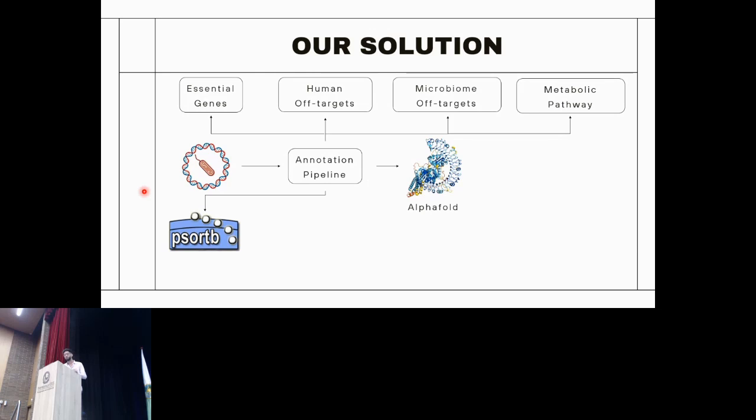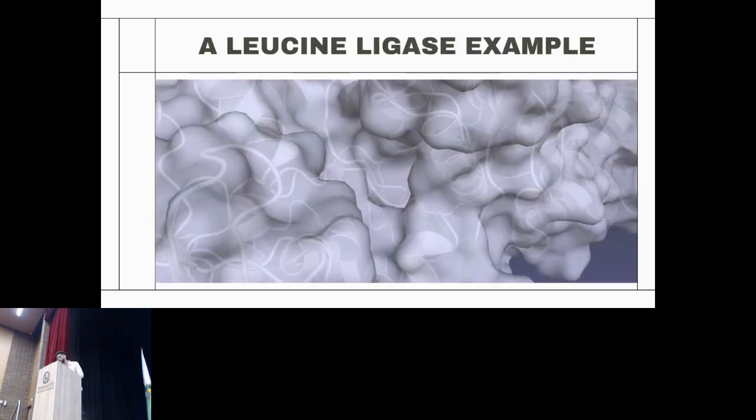So one of the things that we added is the use of the AlphaFold database to build the structurome of the bacteria. And from those structures, we run some tools for pocket recognition. One of them is FPocket, and the other one is P2Rank. They do the same thing, but in a different way.